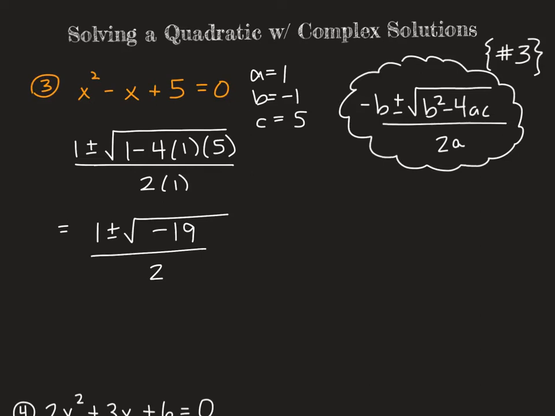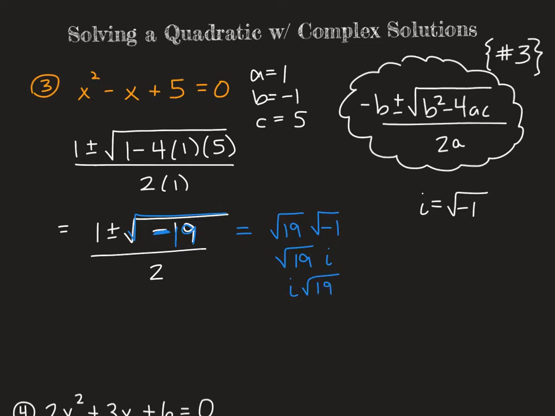Remember that i is the square root of -1. Therefore, we can break apart the square root of -19 into the square root of 19 times the square root of -1, which equals the square root of 19 times i, which is i root 19.